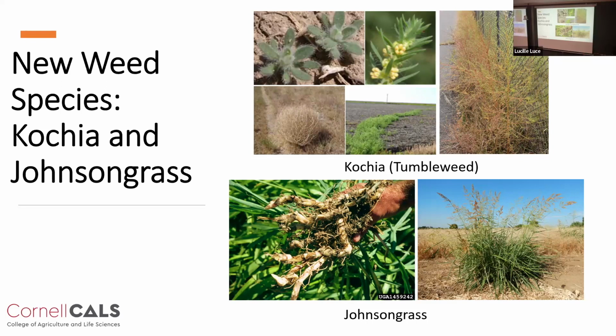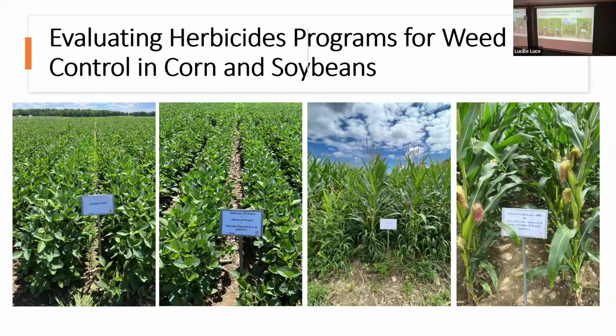So these new species are on the horizon, and they are highly, highly invasive and prone to develop herbicide resistance. So we are keeping our eyes open and trying to educate our folks to look for those populations and be proactive.